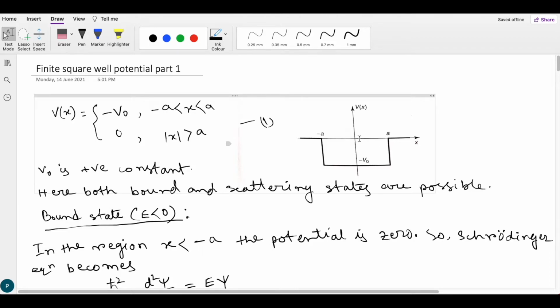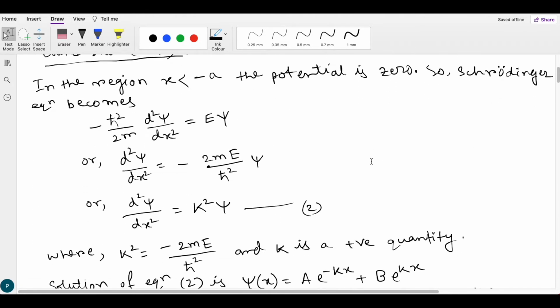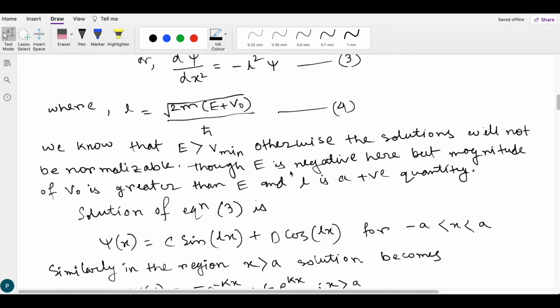This is the 0 level and this is the minus V naught level. Energy lies between these, and we can see here that the magnitude of V naught is greater than the magnitude of E. So E plus V naught is a positive quantity, and that's why L is also a positive quantity.